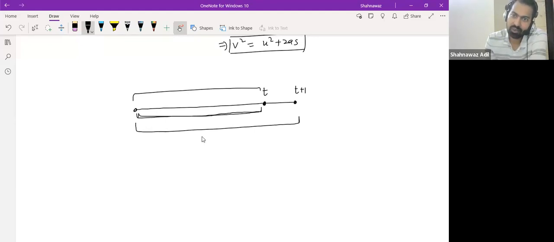So this is s t and this is s t plus 1. So this is the distance covered in total of t plus 1 time, and this is the distance covered in t time. But now I want to calculate the distance covered in, let's say, the t plus 1th second.